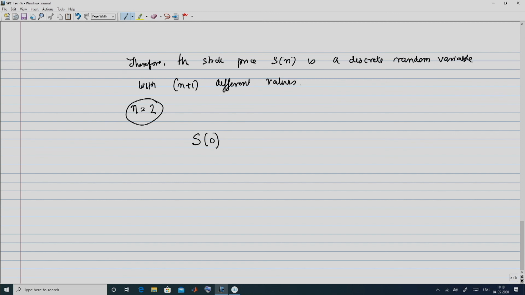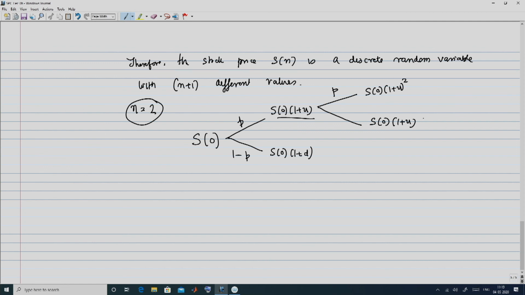So, suppose that we start off with S naught. According to the binomial model, we can go up to S naught into 1 plus u with probability p, or go down to S naught into 1 plus d with probability 1 minus p. Now, again from here I can go up to S naught into 1 plus u into 1 plus u, which is S naught into 1 plus u square, and this probability is going to be p, or I can go down to S naught into 1 plus u, which is the existing price, multiplied by 1 plus d.